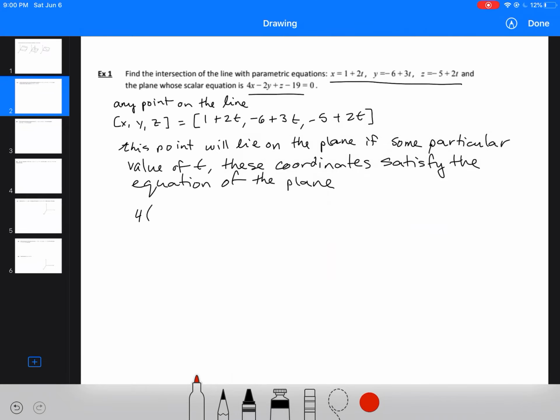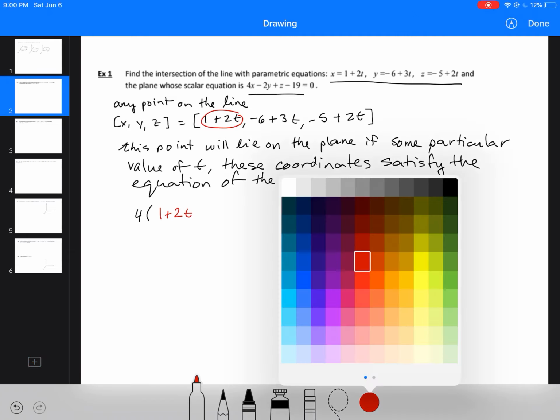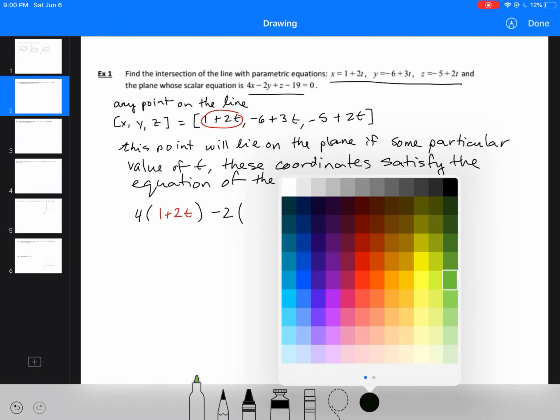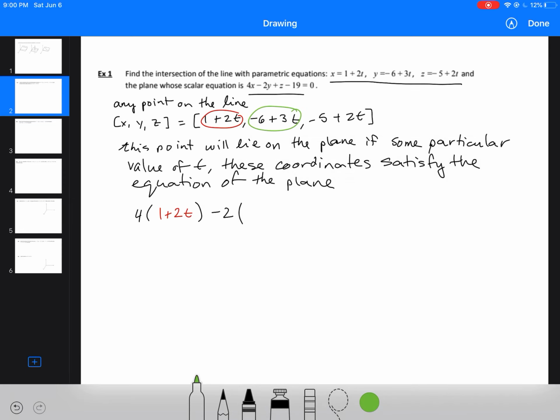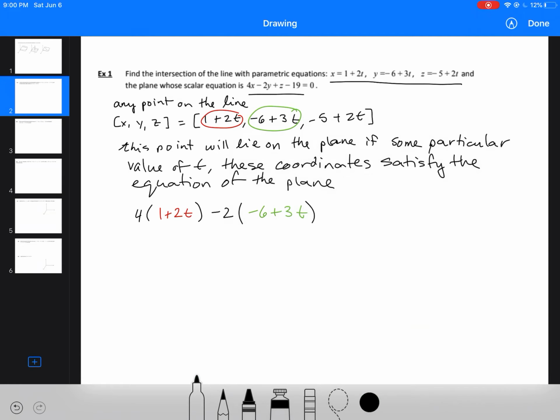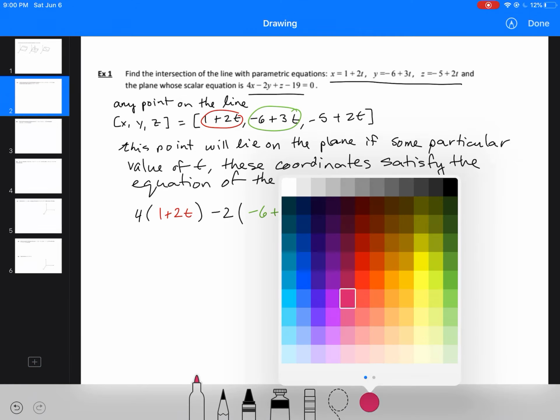So I'm going to take my x and substitute it in here. And then I'm going to take my y, substitute it in here. And then finally, I'm going to take my z and substitute it in here.